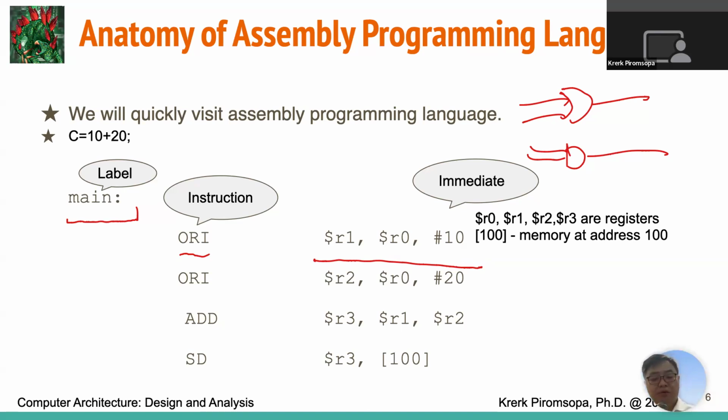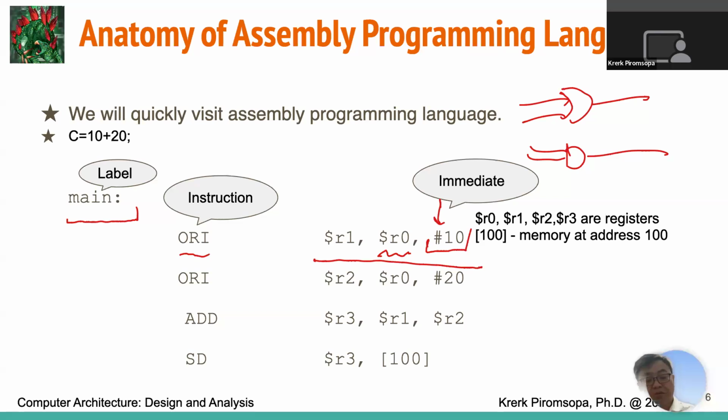So OR, what does OR say? OR says we would OR R0, a register, with the number 10. If you specify the number inside, we call it immediate. Use the number 10 in this instruction. Like that. Okay.